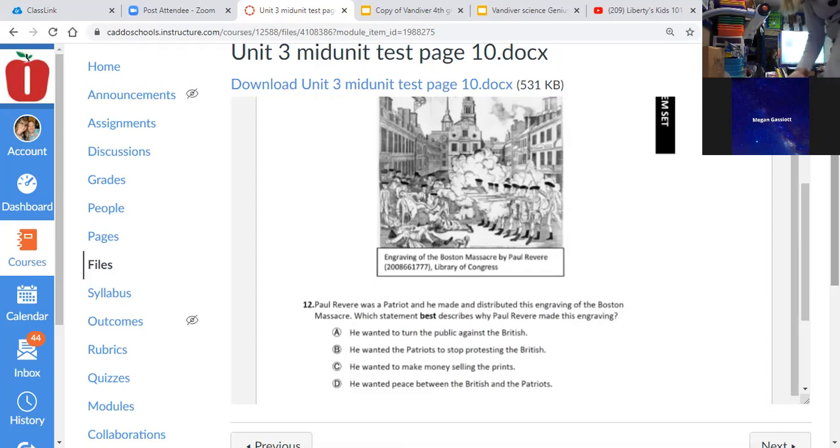Okay, so with this one, you can use markers, pens, colors, color pencils. You're going to need red, blue, and orange. Red, blue, orange. How do you not have your own materials? I gave them out at the beginning of the year.